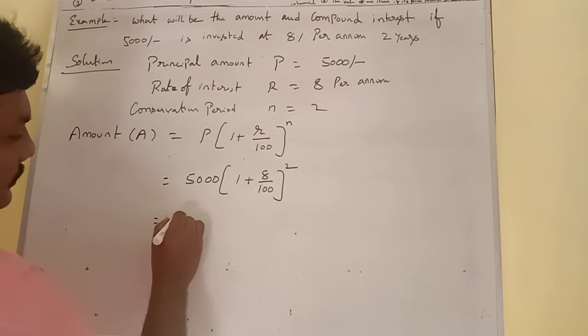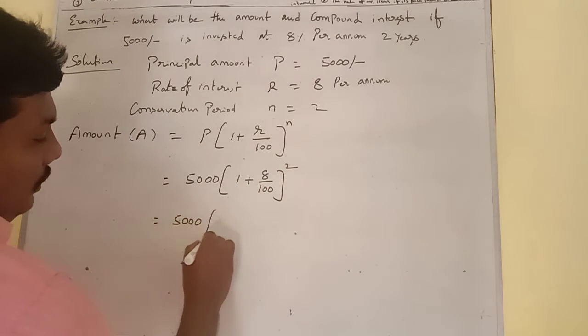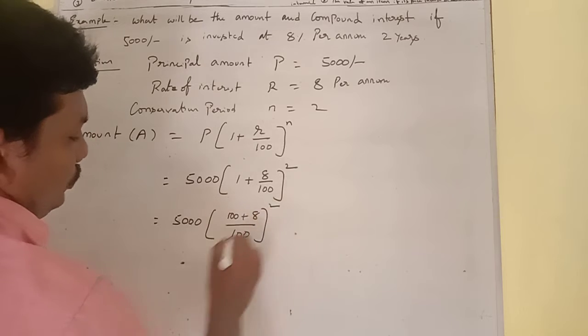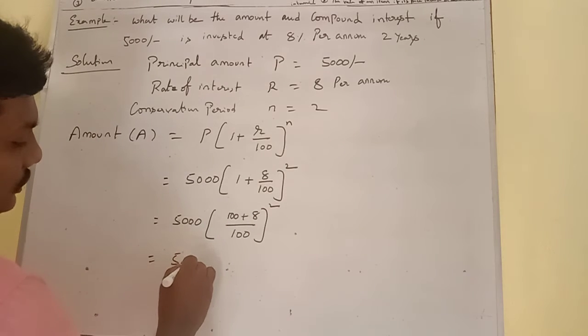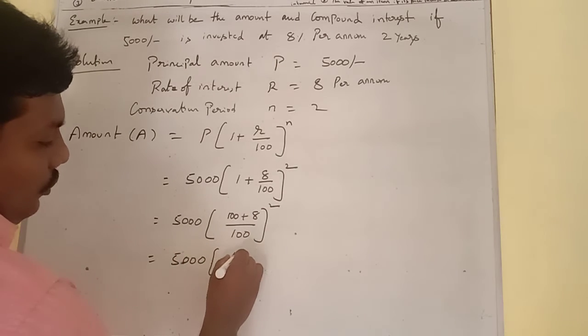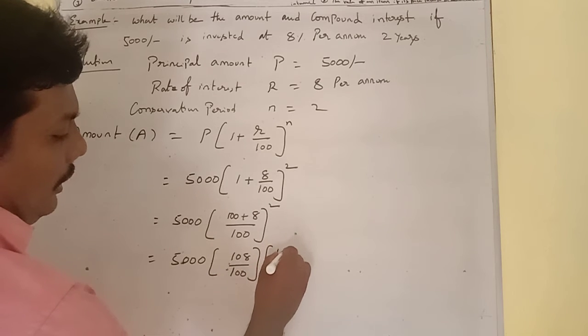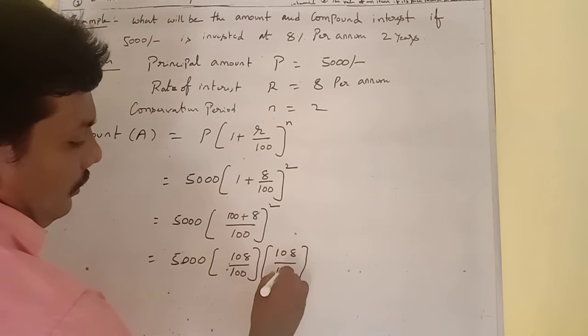Taking the LCM, this is 5,000 into 108 by 100 into again 108 by 100.